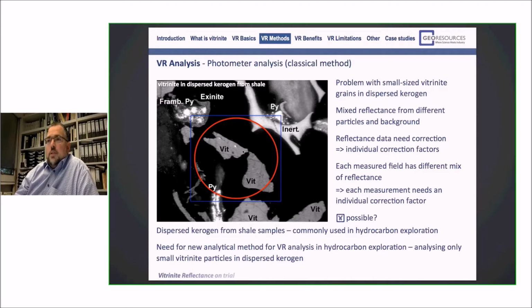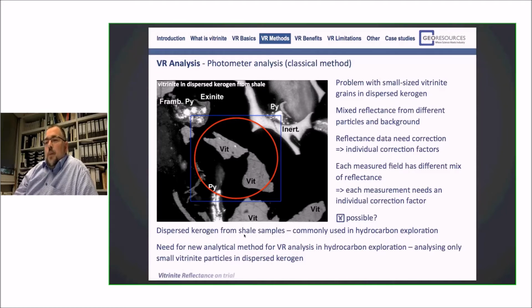So in the end, each measurement would need an individual correction factor. How can this work? Is it really possible to correct all these totally different mixes of measuring fields with a handful or whatever correction factors? In the end, you would have to correct every measurement you do with an individual factor.